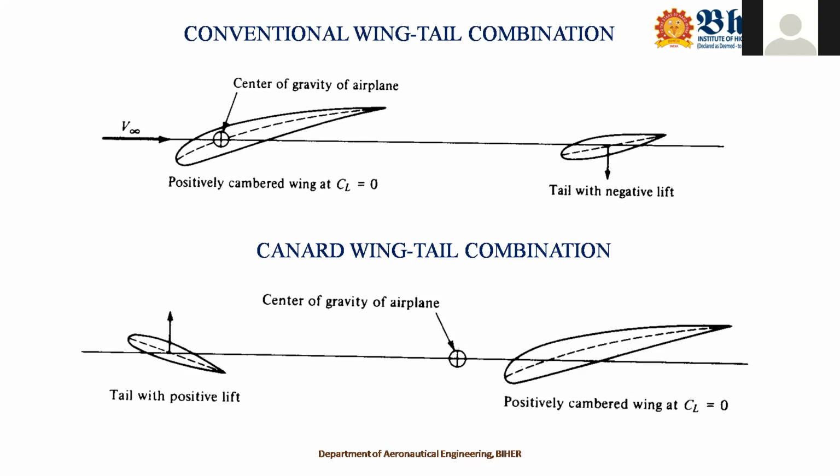A positive value of Cm naught is one of the important criteria for longitudinal static stability. And this is the reason why the horizontal stabilizer plays an important role.